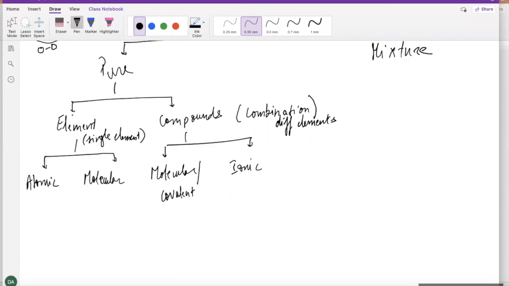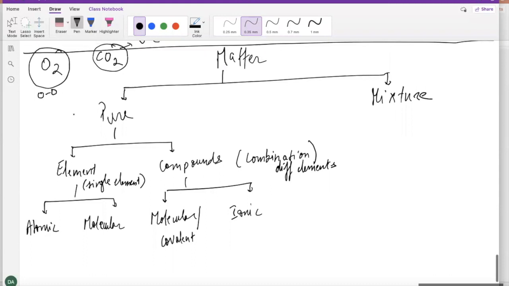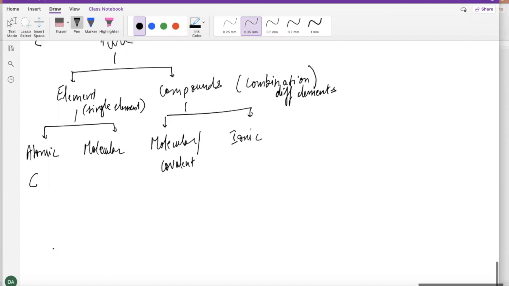But an element does not always have to be paired up. Like you see this O2, there are two oxygens. When we say graphite or diamond, they're made up of singular carbons. A carbon is not bonded to another carbon. You just have carbon atoms which come together and make graphite or coal or diamond. When you have that case, you call them atomic elements.